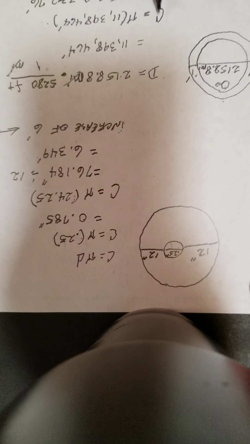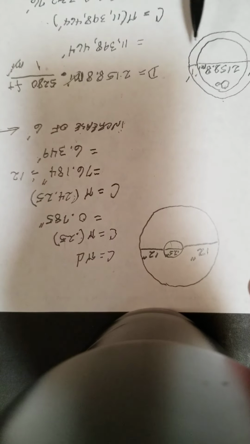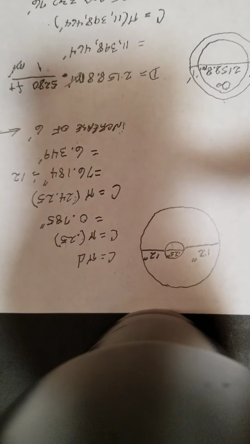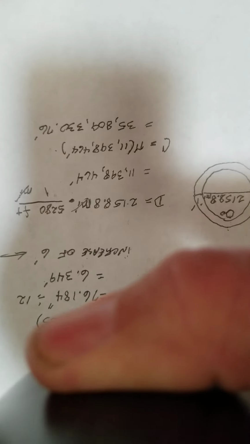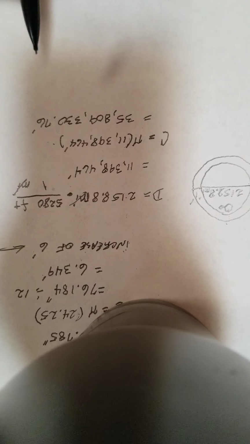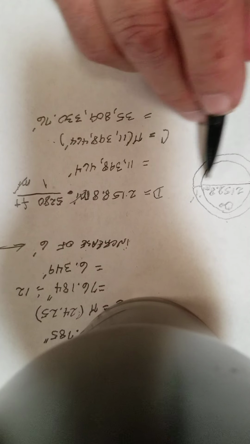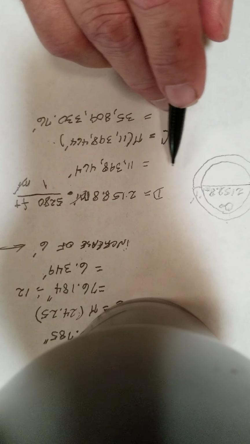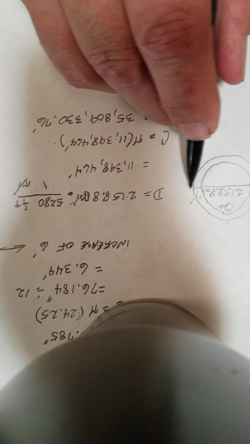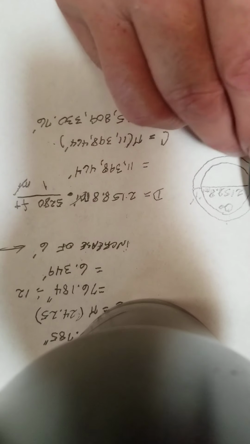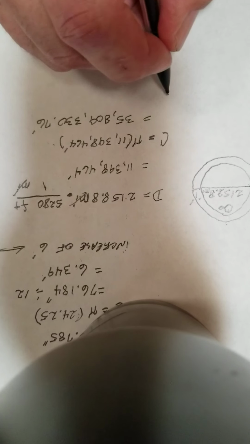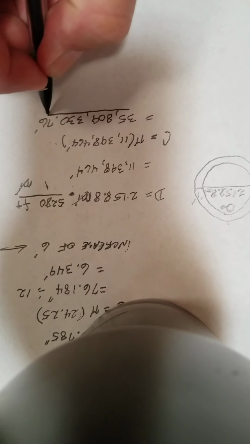Now we're going to add, just like we did up here, we're going to add a foot to each side of the moon, or we're going to raise the diameter a foot off the surface of the moon. So there's where we're starting from.